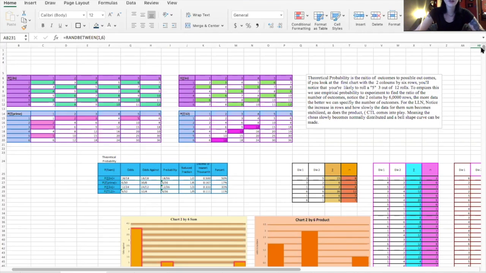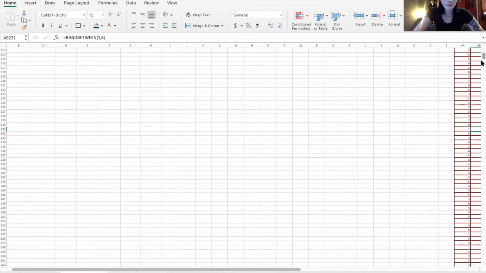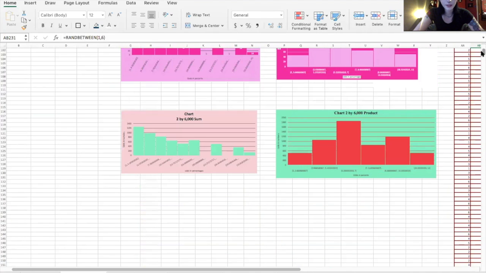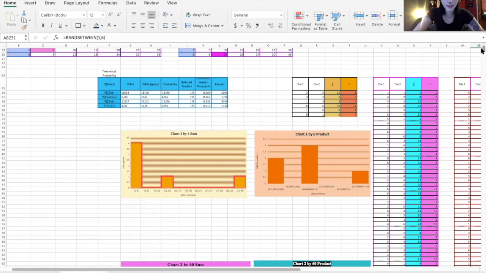And if you notice the 2 columns that have 6,000 rows, the more data, the better we can specify the number of outcomes. So I'll scroll down here for the 6,000. Notice how it looks like stairs, and it's got steady data, versus the very sparse data on our first one.